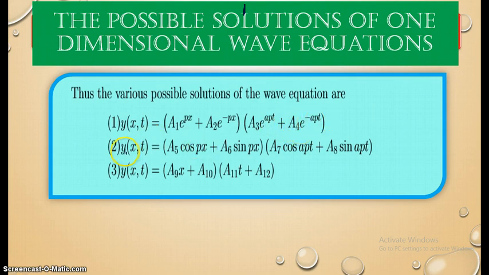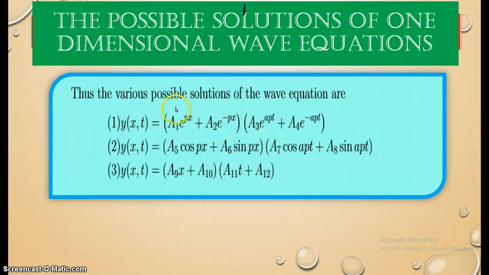The second case is y(x, t) = (a5 cos px + a6 sin px)(a7 cos pat + a8 sin pat). And the third case, y(x, t) = (a9 x + a10)(a11 t + a12). So these are the 3 possible solutions for the one-dimensional wave equation.